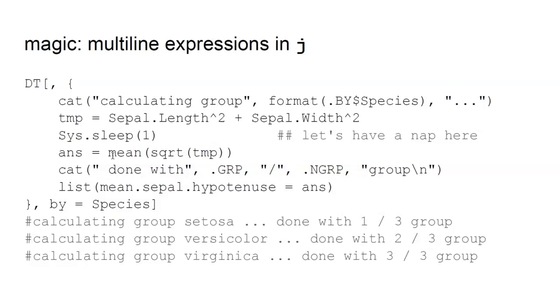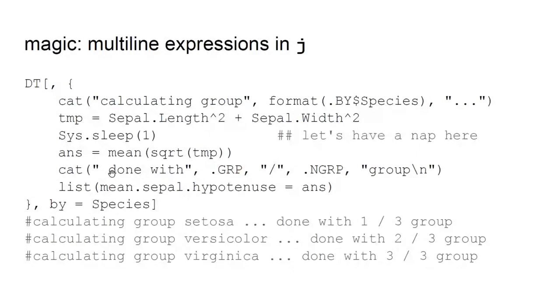And then we calculate the mean of the square root of the temporary variable. So what we are basically calculating as ans is the mean sepal hypotenuse. And also there is another cat. The previous one didn't have a newline character at the end. That's why the second one is still printed on the same line.